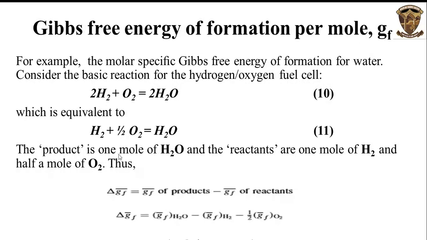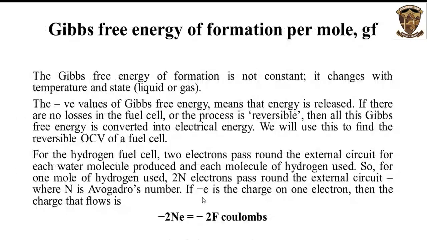So the product is 1 mole of water and the reactants are 1 mole of hydrogen and half a mole of oxygen. Thus, delta Gf is equal to Gf of the products minus Gf of the reactants. Delta Gf is equal to Gf of water minus Gf of hydrogen and half Gf of oxygen.